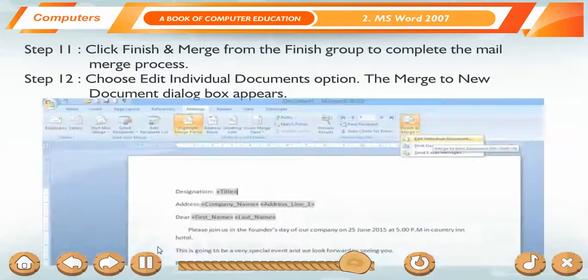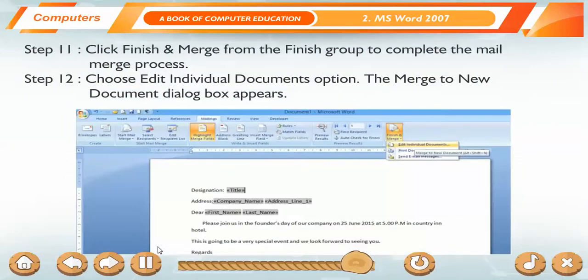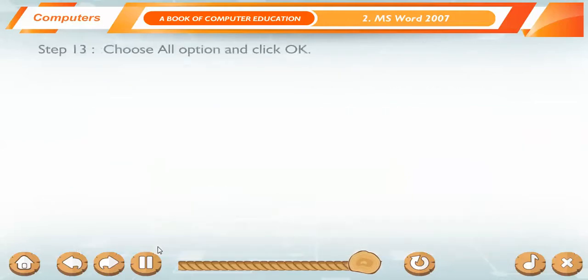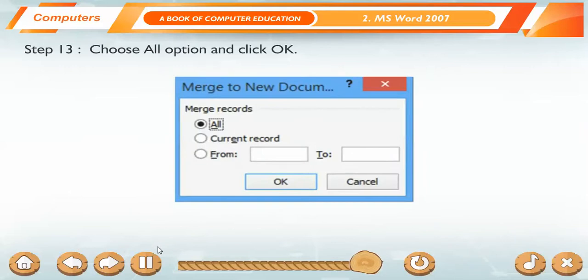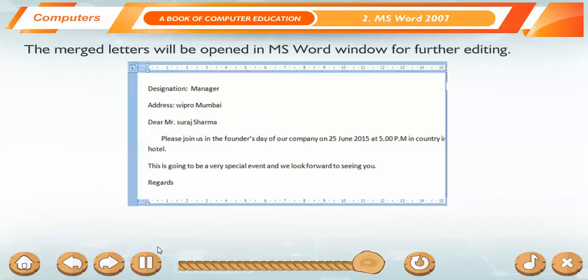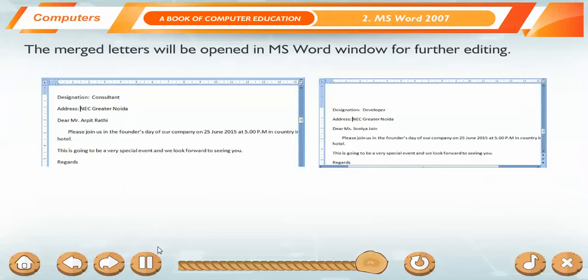Click Finish and Merge from the Finish group to complete the mail merge process. Step 12. Choose the Edit Individual Documents option. The Merge to New Document dialog box appears. Step 13. Choose the All option and click OK. The merged letters will be opened in the MS Word window for further editing.